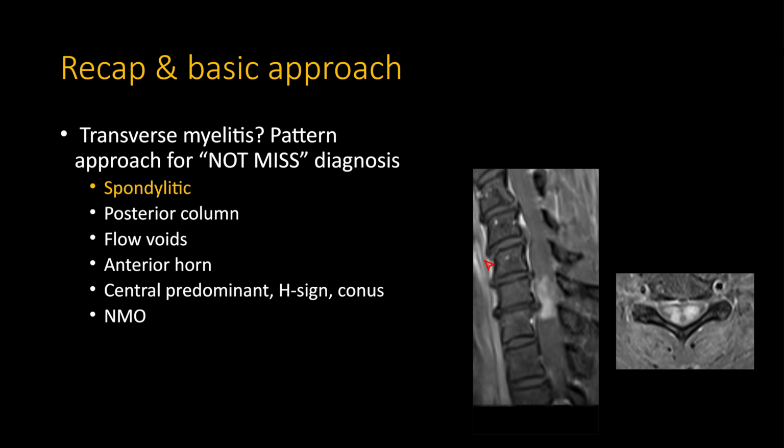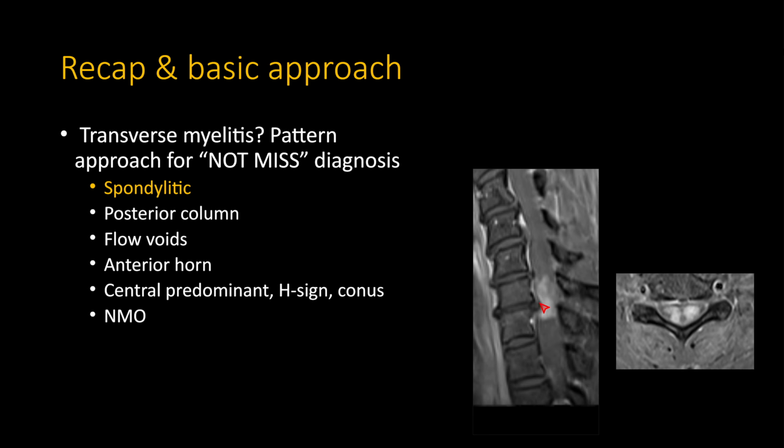So spondylitic forms: anytime you see cord compression and you see some enhancement, think of whether that could be due to something spondylitic. It could also be just a very short segment T2 hyperintensity, which is more common, but as you recall, we showed a lot of cases of this enhancing spondylitic pattern as well.